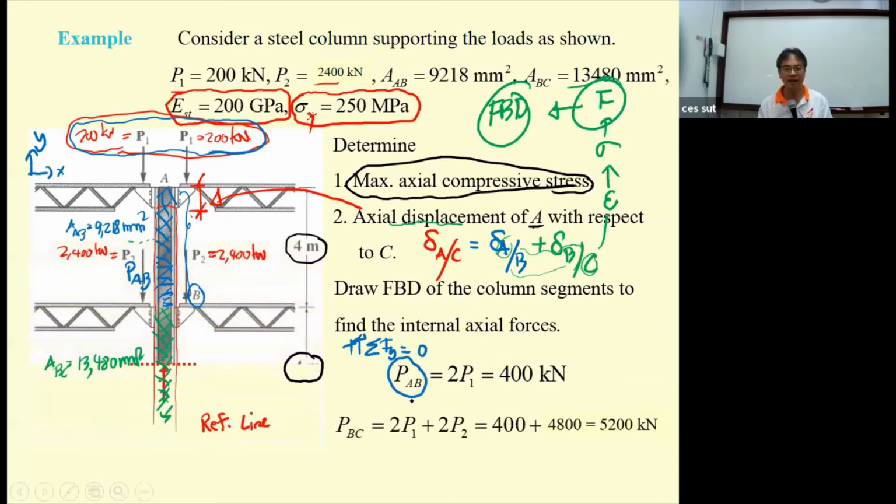And then for the second portion, we do the same thing: draw the free body diagram and take the summation of F sub Y equal to 0.